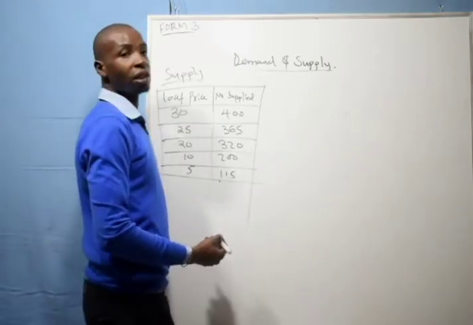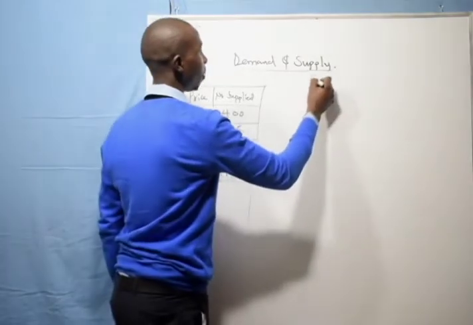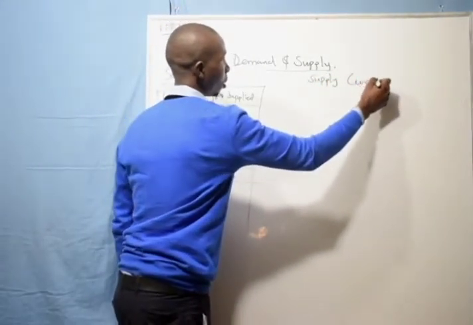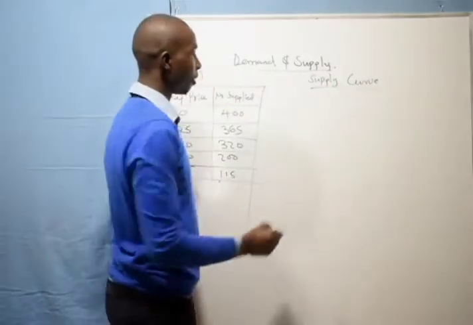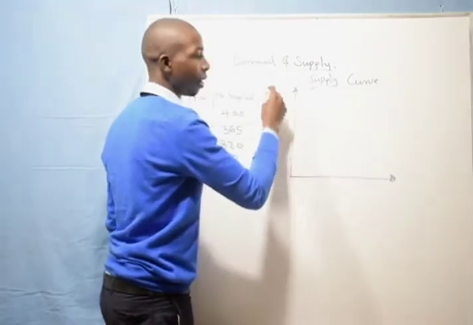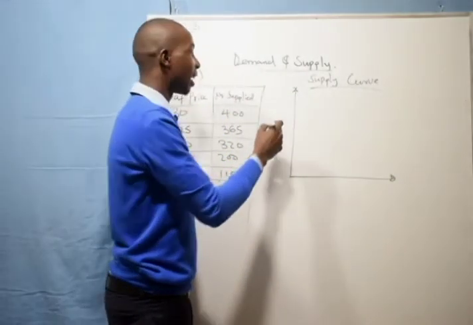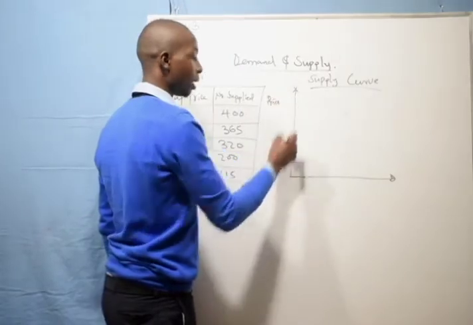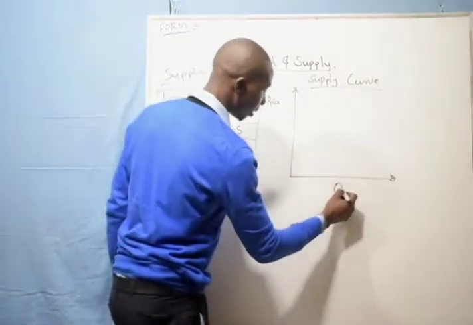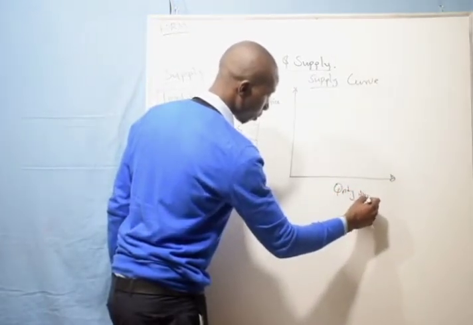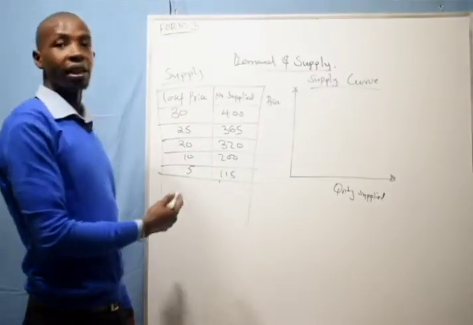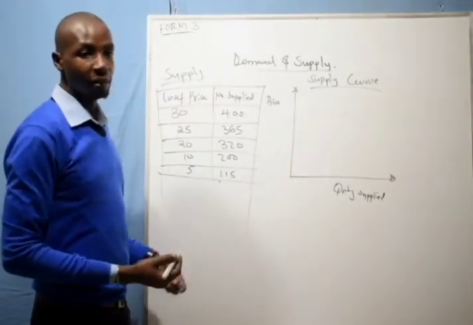So let's see what a supply curve is. We are going to have a curve, with Y representing the price and X representing the quantity supplied. Let's plot what we get from our supply schedule.